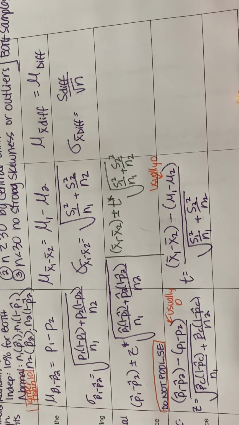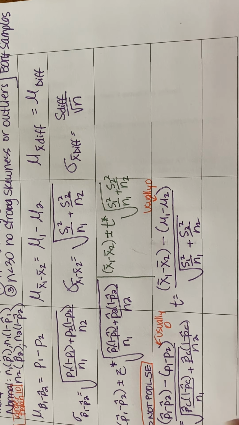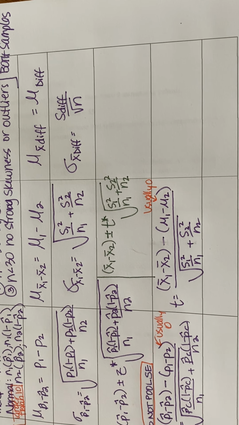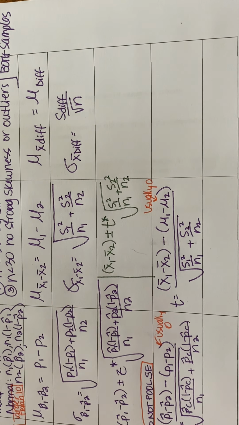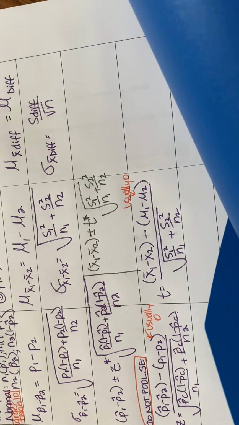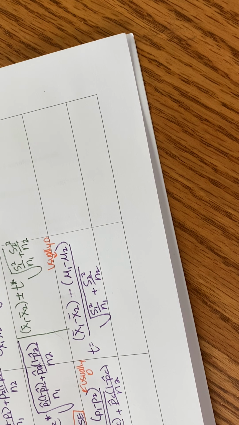All right, so now looking at the mean differences. So these are the one sample. This goes all the way back to the one sample stuff that we learned in chapters 8 and 9. I grabbed my formula sheet because I want to make sure you remember that you have these formulas on here.